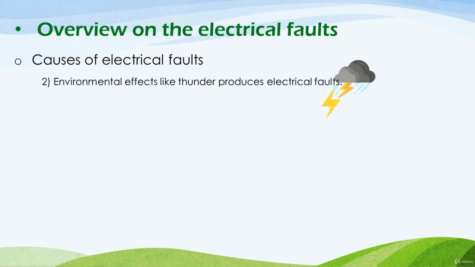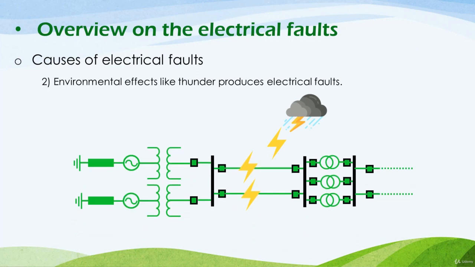The thunder may hit the transmission towers, which produces a short circuit as the thunder charge may connect two phases together by breaking the insulation between the different phases. The break of the insulation makes an excessive current move through the phases, which is a fault condition. So that's the general idea of the fault causes.